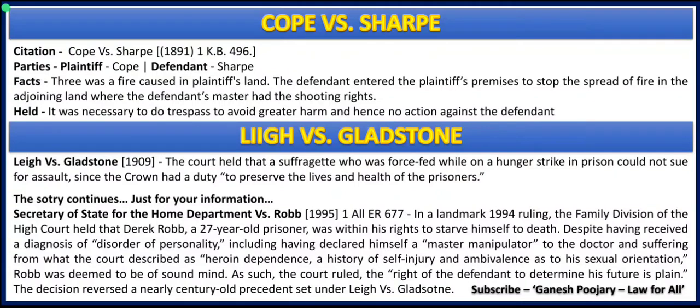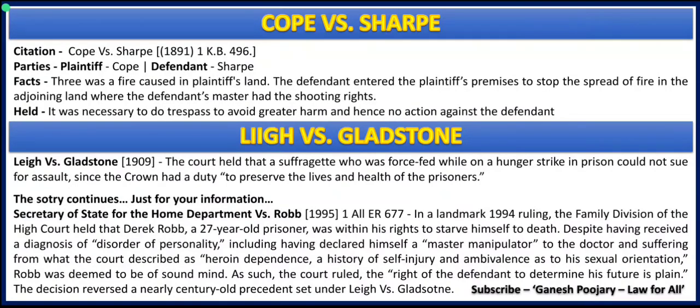Now the plaintiff brought a case against the defendant saying that the defendant had trespassed, but the court said that to prevent greater harm, whatever the defendant has done is a very good general defense available to him, and hence it is not a tort. That is what was decided in Cope versus Sharpe.